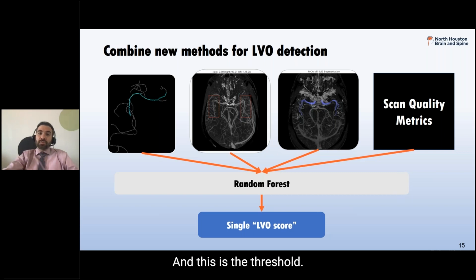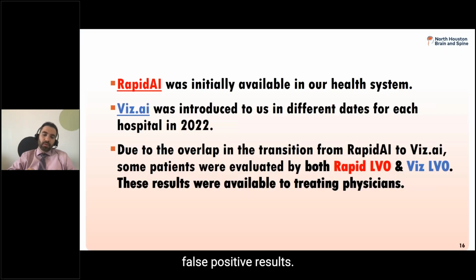And this is the threshold. Whenever the ELVO score threshold has been reached, the study is considered positive for large vessel occlusion. The idea of combining all these algorithms is to minimize the chances of having any false positive results.